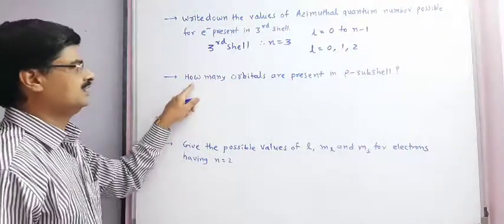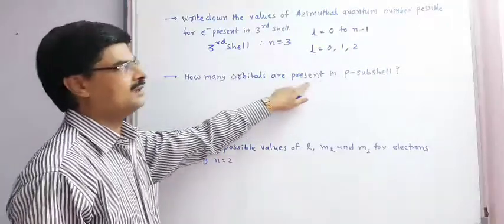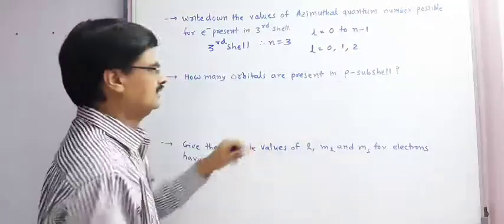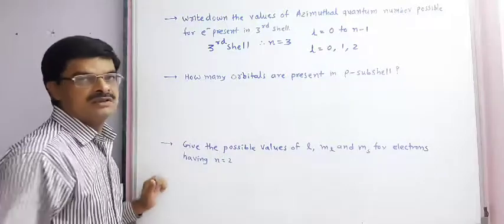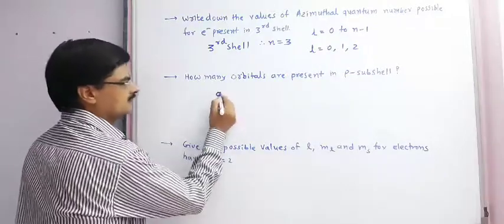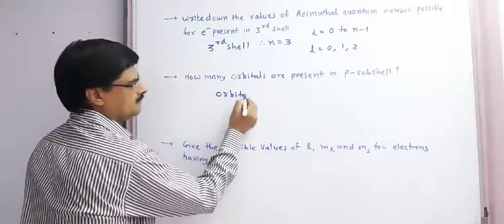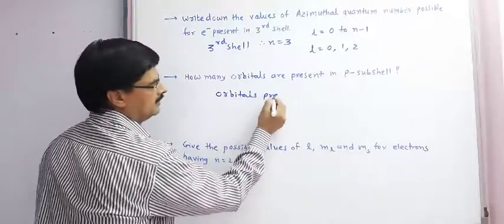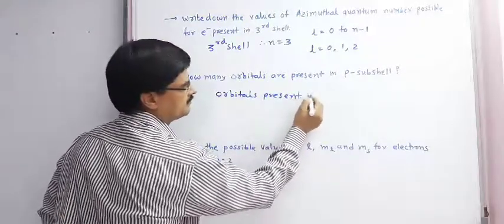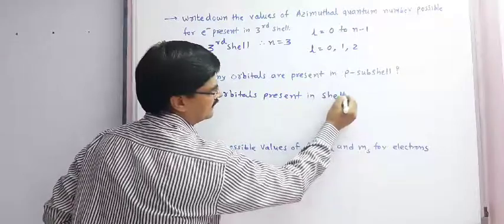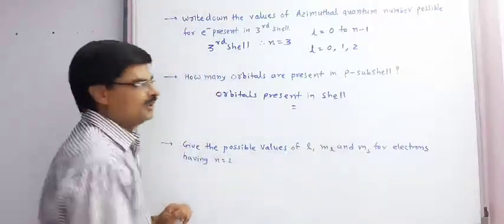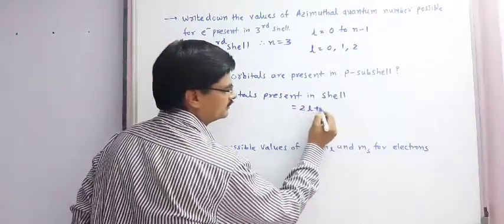Now in the next question, how many orbitals are present in the p subshell? To find out the orbitals present in a subshell, we can utilize the formula 2L plus 1.